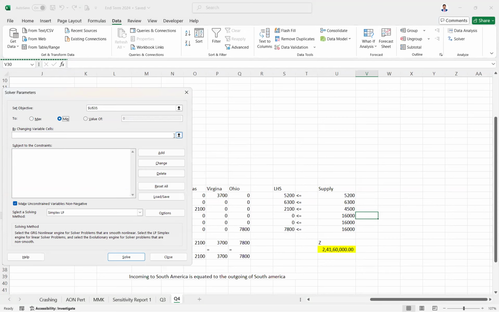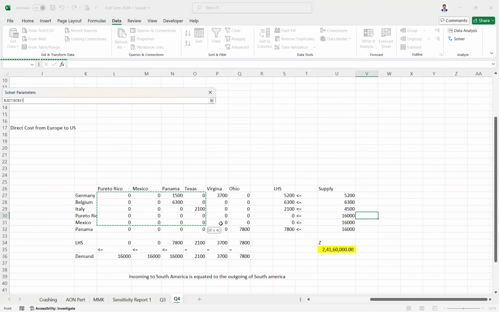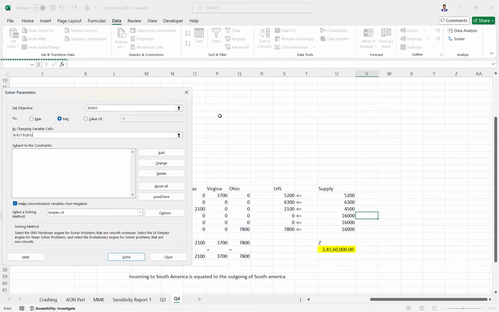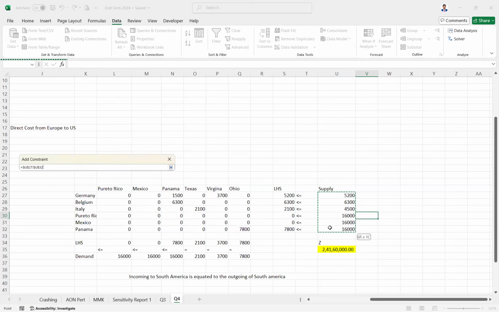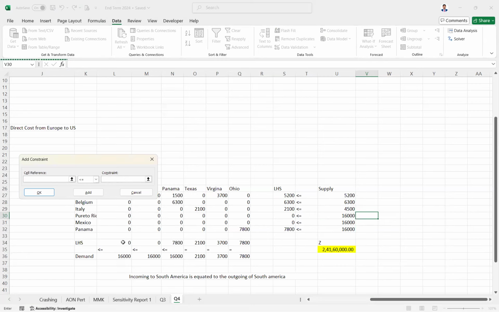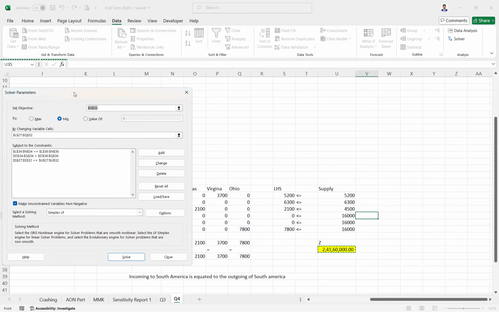Minimize this. The buffer on the demand side would also be less than or equal to.